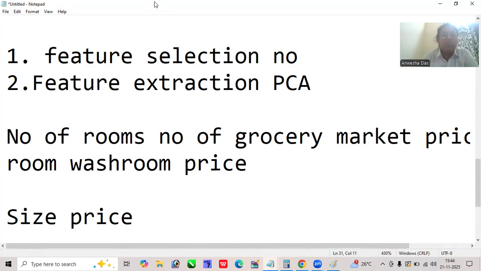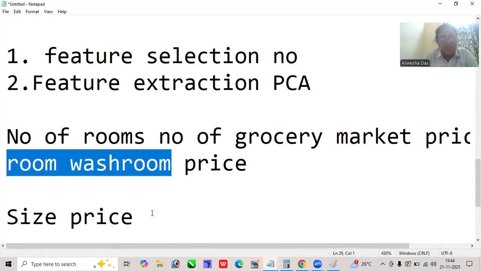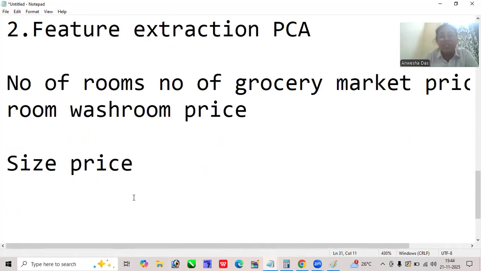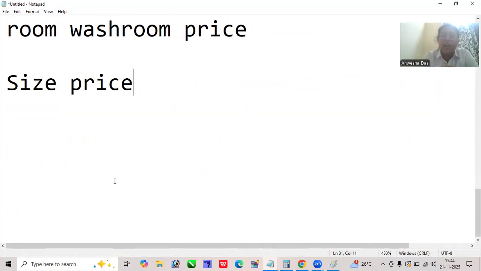Previously it was two-dimensional data. I have not changed anything, the data is the same. But instead of room and washroom, I have taken the total size of room and washroom, and my updated column name is size. In that way, I can convert 2D data to 1D data.